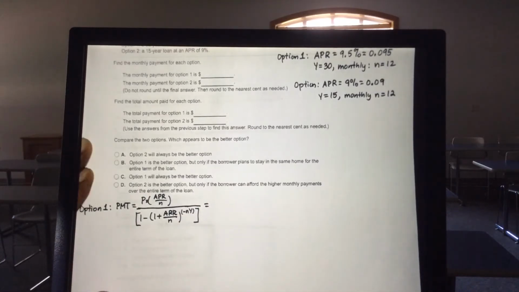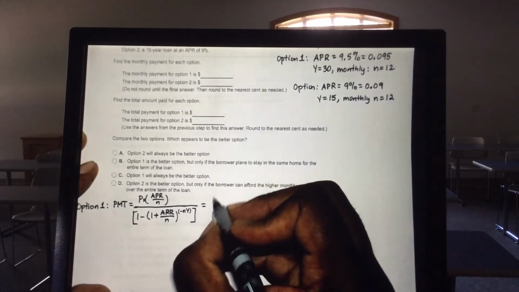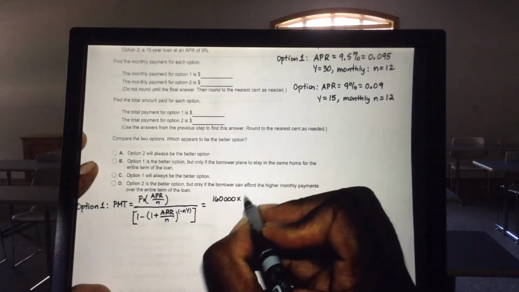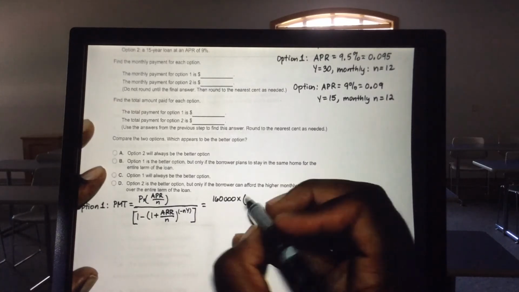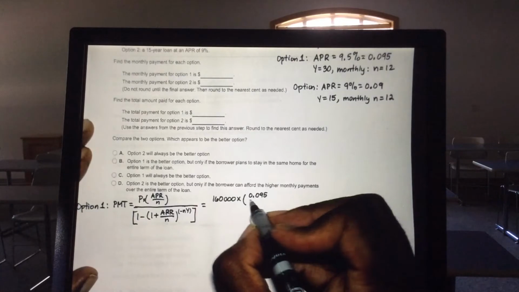So in this case here, your P was $160,000 times your APR, which is 0.095 for option 1, divided by N, that's 12.